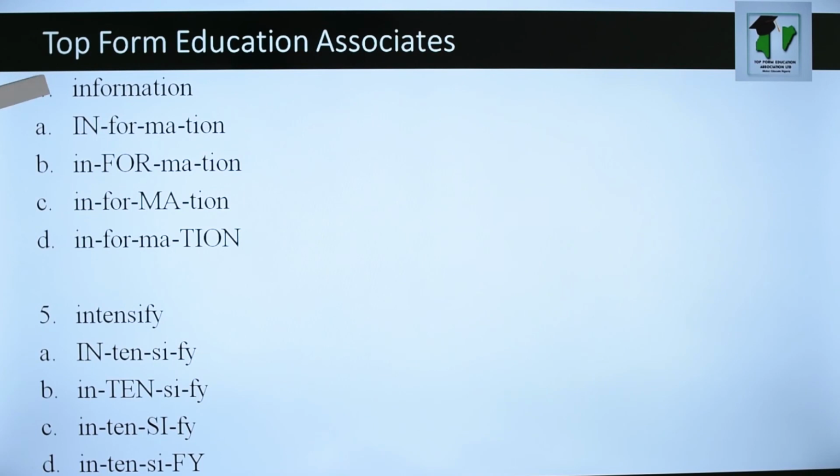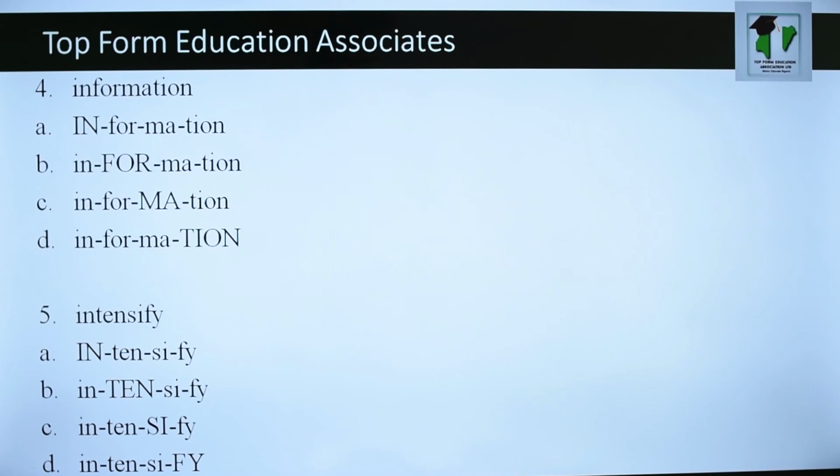Then we have information. We saw lots of T-I-O-N. And when the word ends in T-I-O-N, we stress the second from the back, and we have 1, 2, and the stress is on M-A, information. In your dictionary, you will simply have a hyphen here.